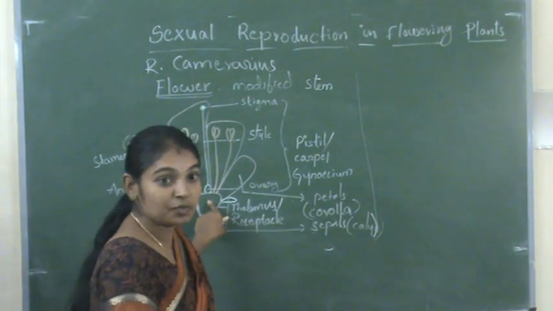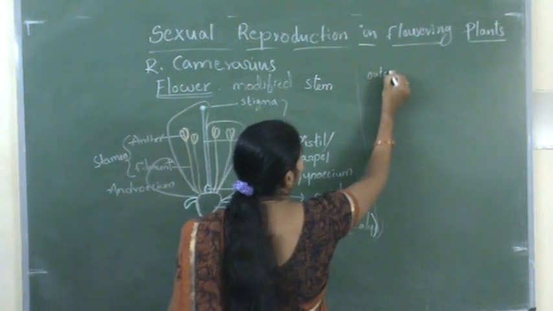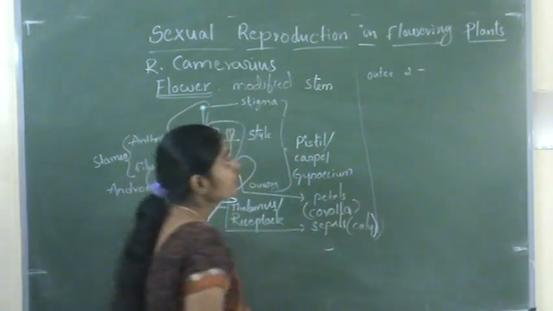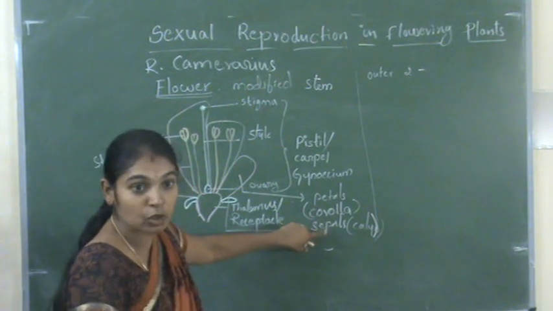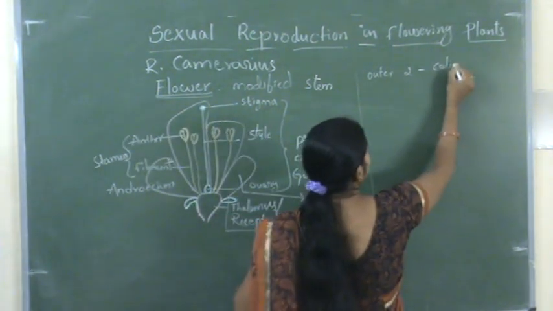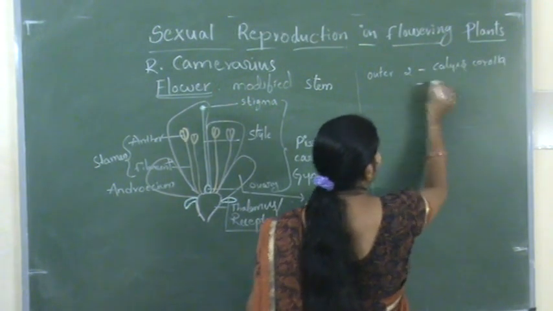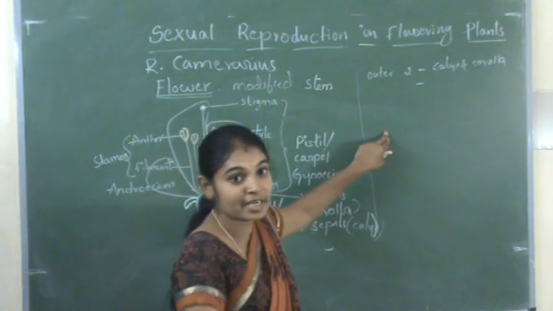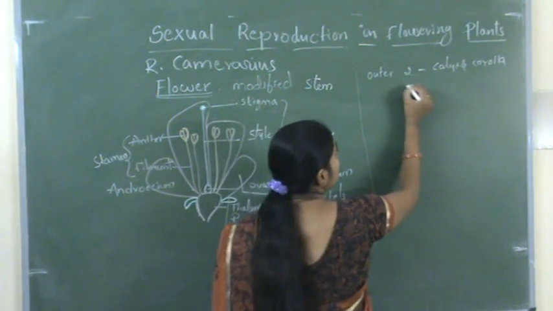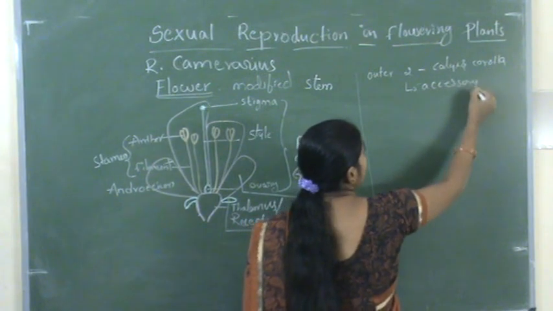Out of these 4 whorls, the outer 2 whorls, calyx and corolla, are called accessory parts.